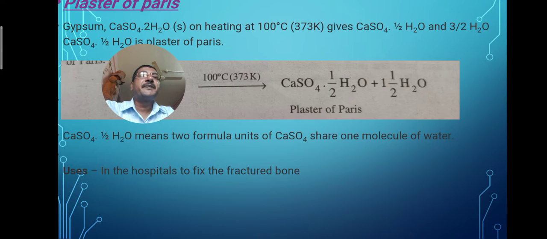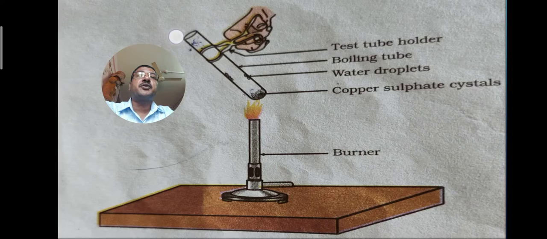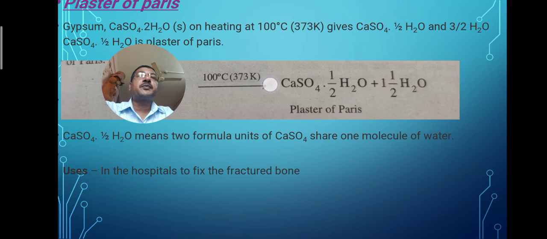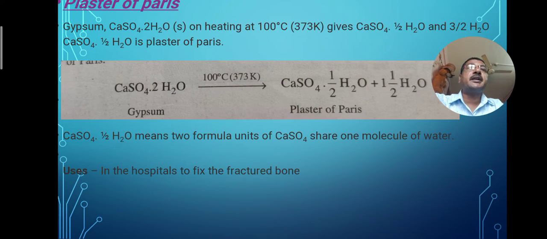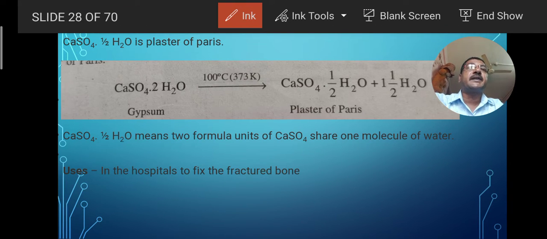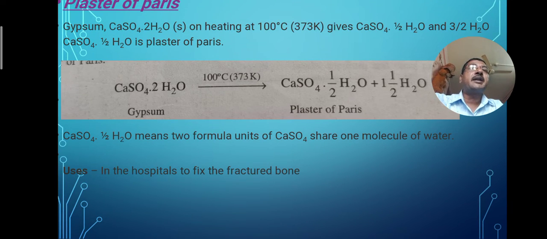Now come to the plaster of Paris. What is the plaster of Paris? If you take gypsum, CaSO4 into 2H2O, that is called gypsum, and heat it at a temperature of 100 degrees Celsius, or we can say 373 degrees Kelvin, then it gives calcium sulfate hemihydrate.